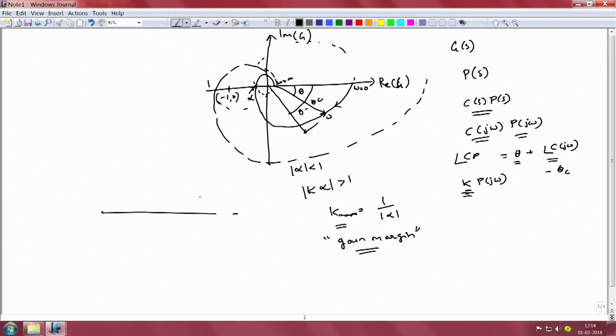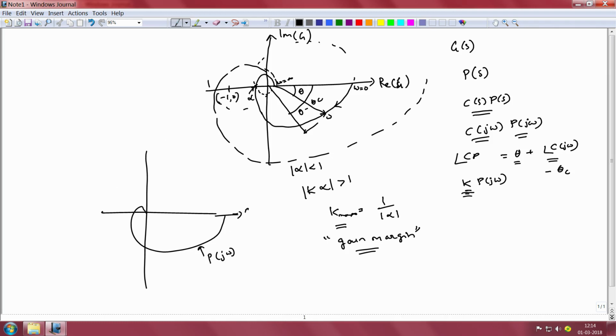Likewise, if our controller were to simply contribute to phase lag and not modify the gain characteristic of the plant, which I shall call, which is essentially P of j omega.